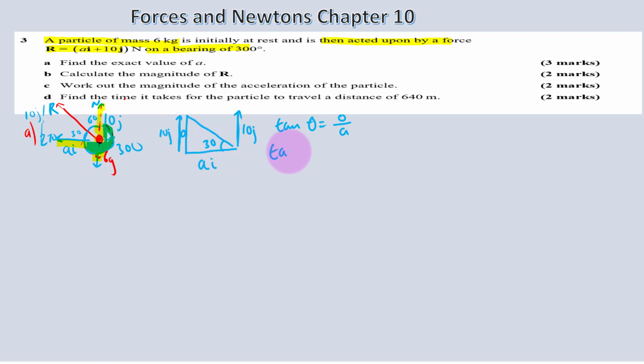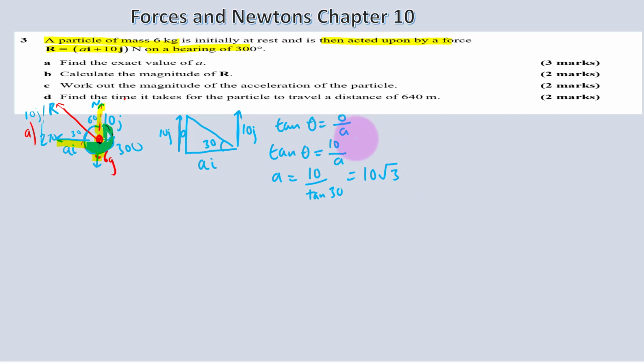So we just do tan theta equals 10 over a, and that's 30. So a will equal 10 over tan 30, and you'll get the answer 10 root 3.